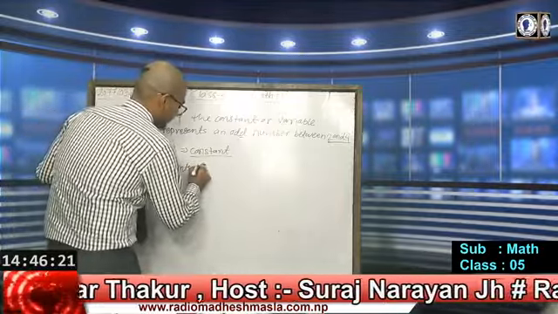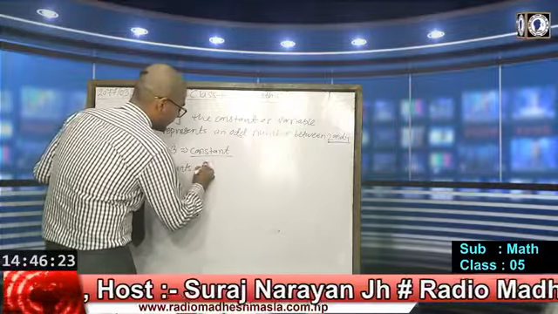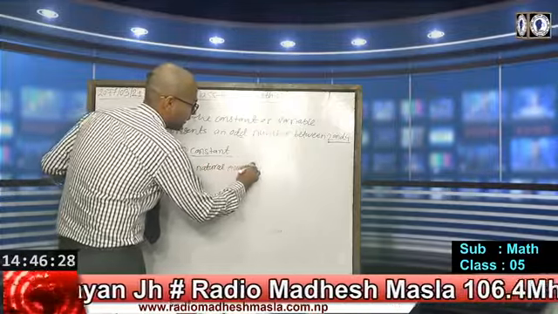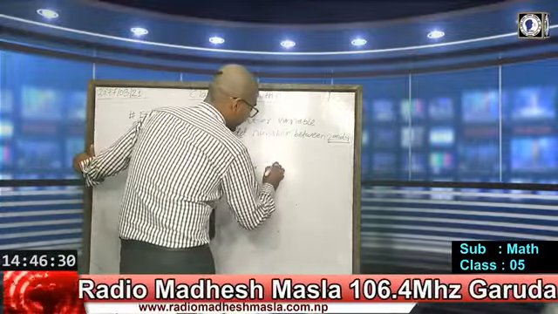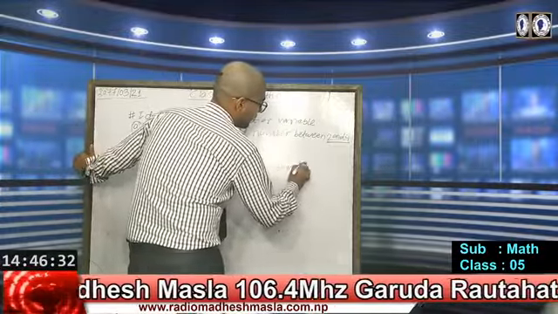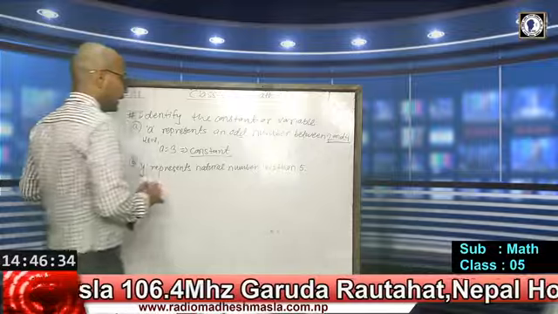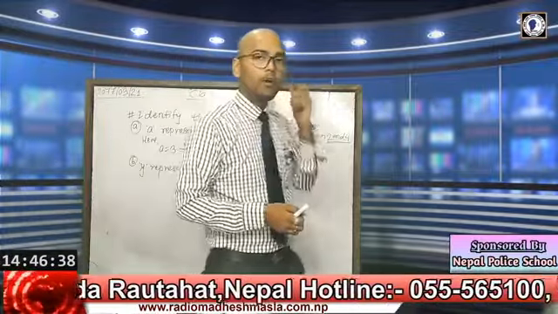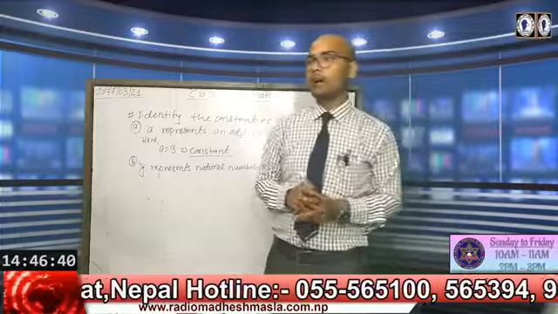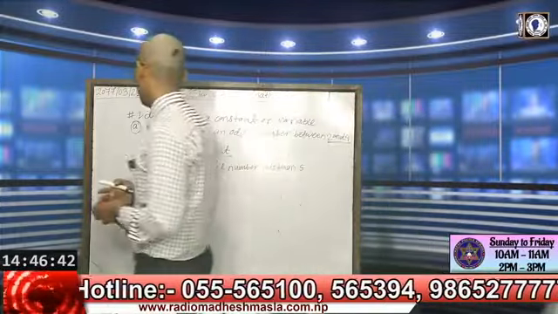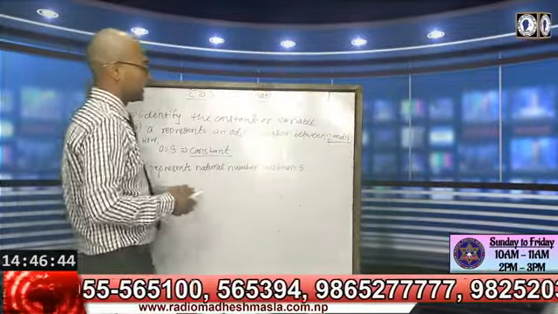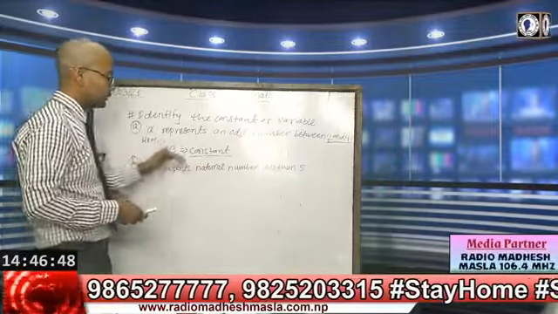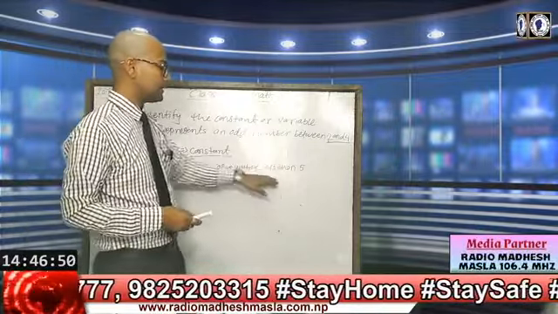Then suppose you have been given in other questions, y represents a natural number less than 5. As we know, natural numbers start from 1 and go on, but here it is fixed: y is the natural number which is less than 5.